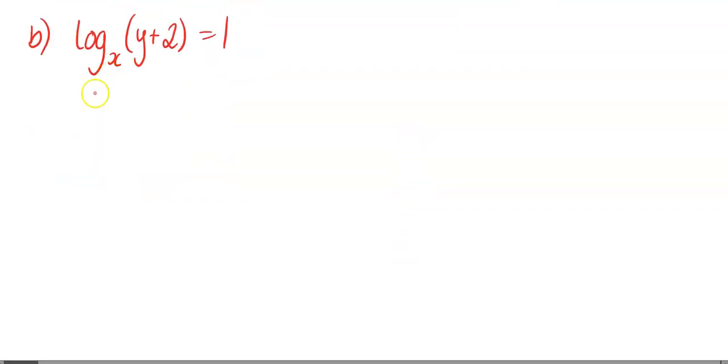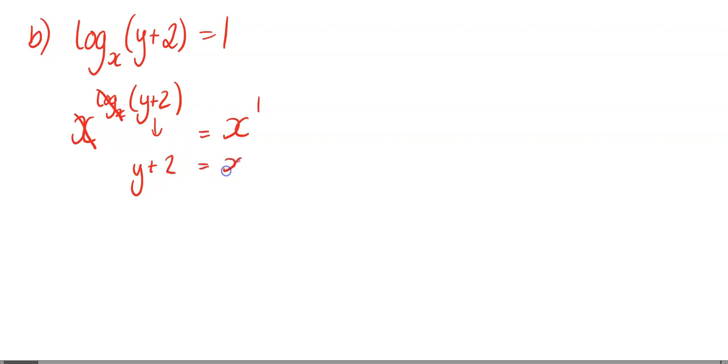So, if we raise it, I get x to the log base x of y plus 2 is equal to x to the 1. Well, the log and the x cancel on this side. This drops down, gives me y plus 2. Well, x to the 1 is just x. Done. X is the subject.